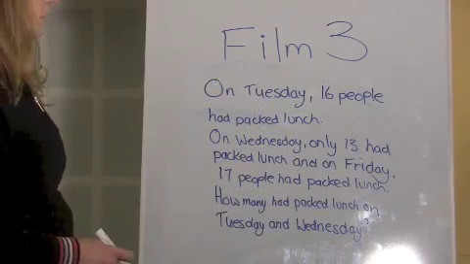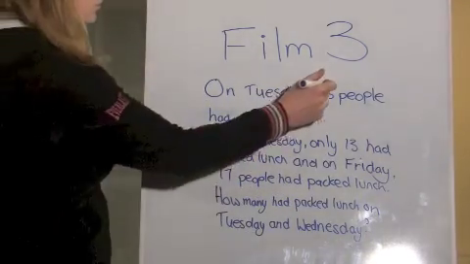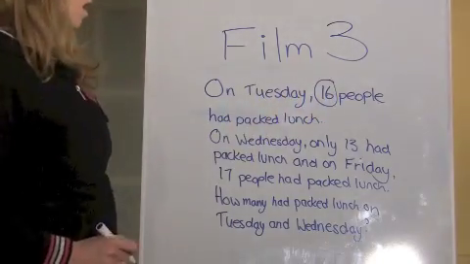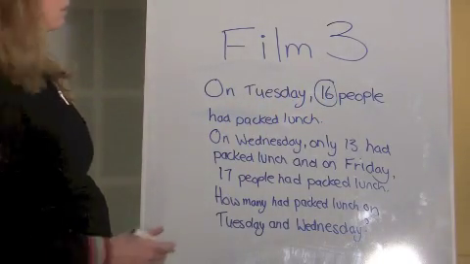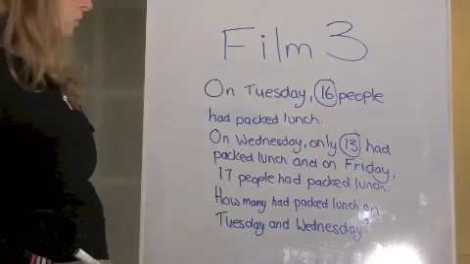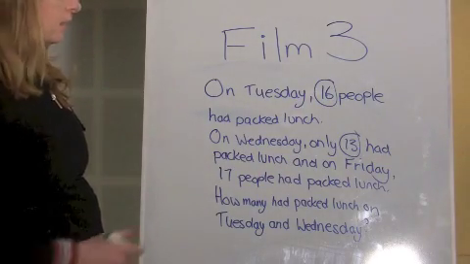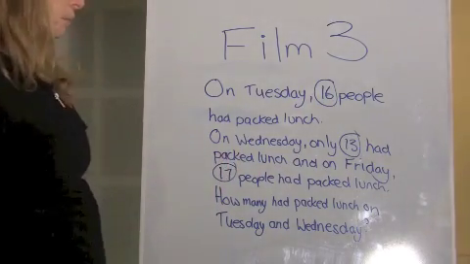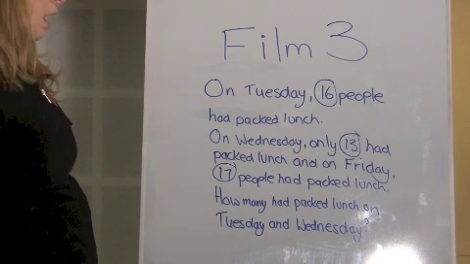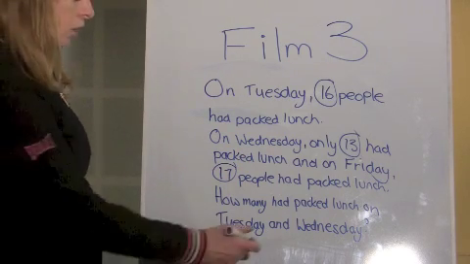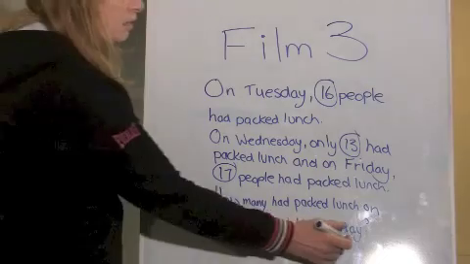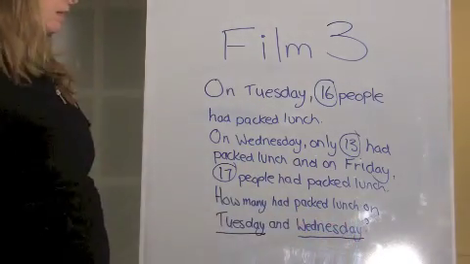On Tuesday, 16 people had packed lunch. On Wednesday, only 13 had packed lunch. And on Friday, 17 people had packed lunch. How many had packed lunch on Tuesday and Wednesday?